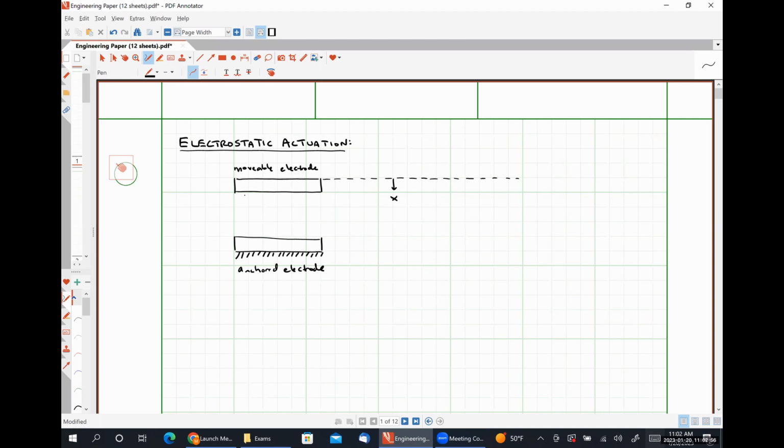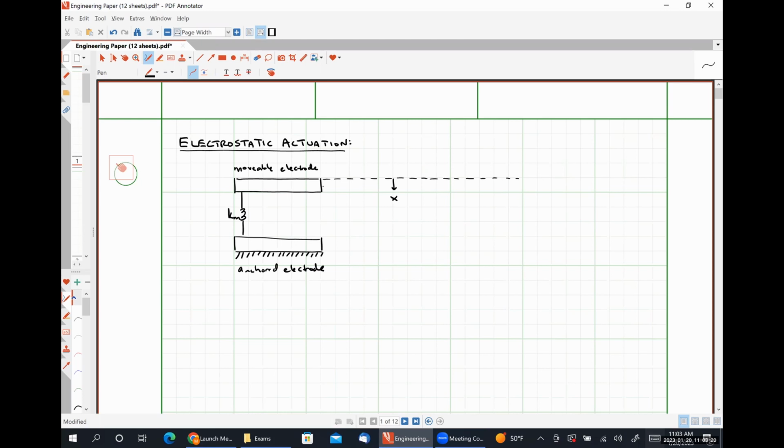And let's say that there is some suspension represented by Km. So that's going to be our mechanical spring constant that allows our movable electrode to move with respect to our anchored electrode.